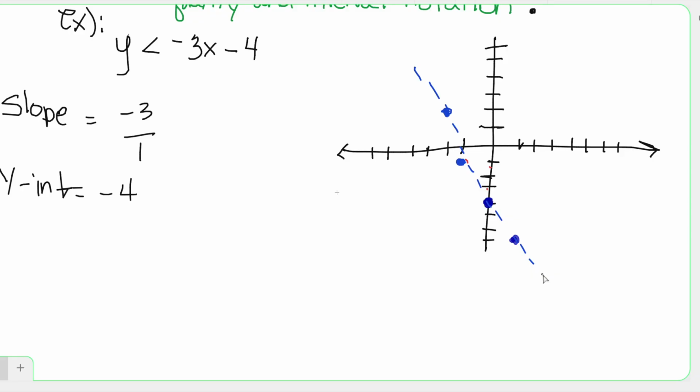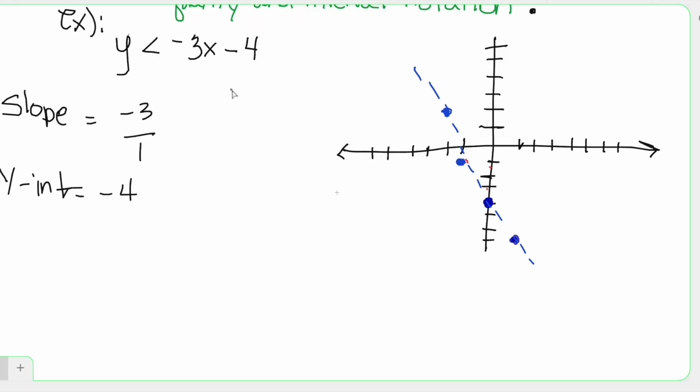Now, if you read this, it's saying all the y values must be less than this portion here. So where would all my y values be less than? All my y values sit here. That means all my y values must be less than whatever this is.